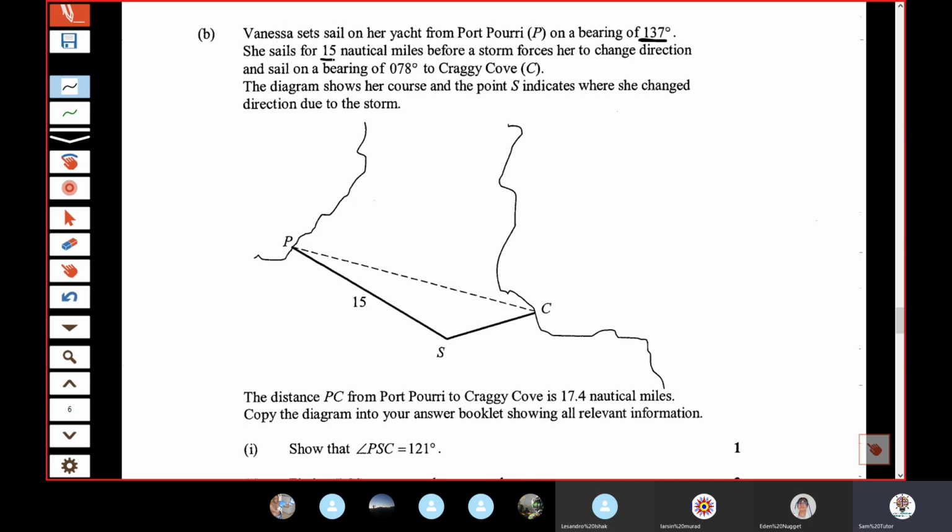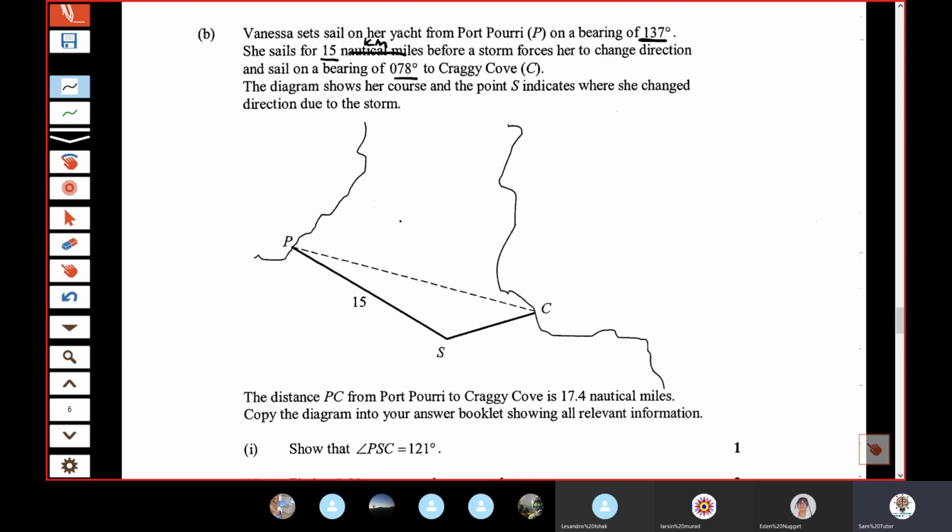She sails for 15 nautical miles before a storm forces her to change direction and sail on a bearing of 78 degrees to Craigie Cove. Think of nautical miles as kilometers, which is easier. The diagram shows her course and the point S indicates where she changed direction due to the storm.